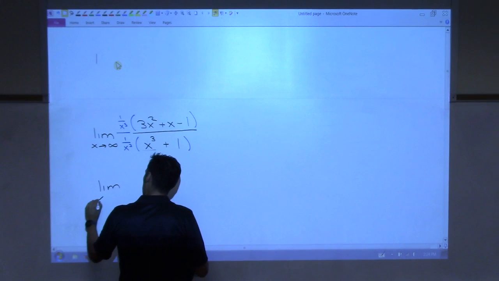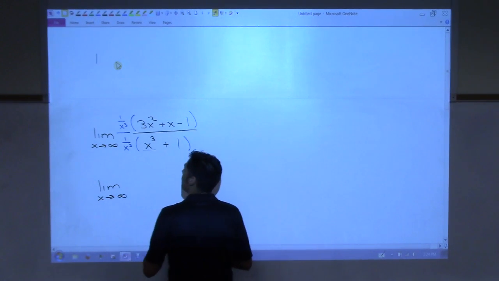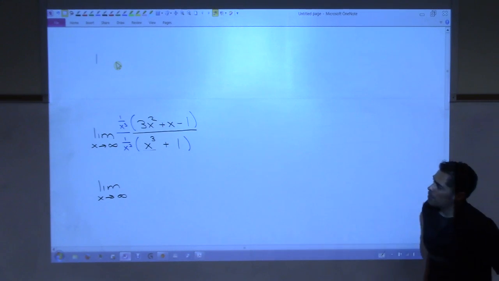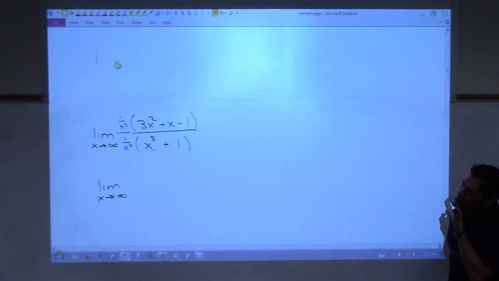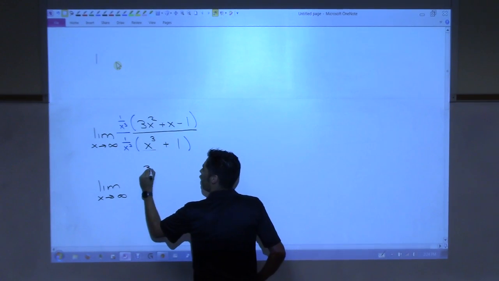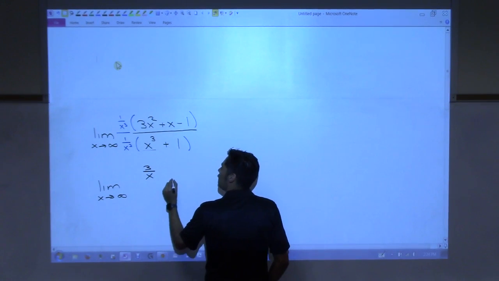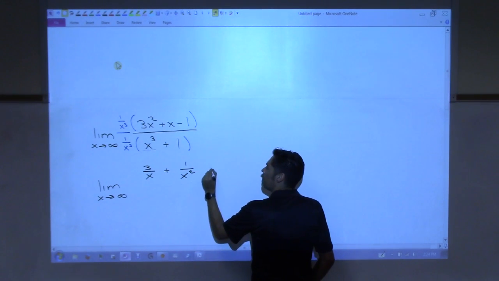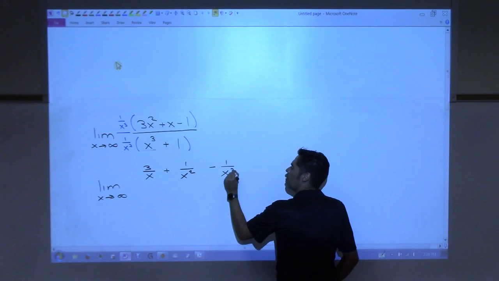Limit x goes to infinity. All right. What do you get across that top? 3 over x. That's your top left. What's the next term up there? 1 over x squared. Last one? 1 over x cubed.